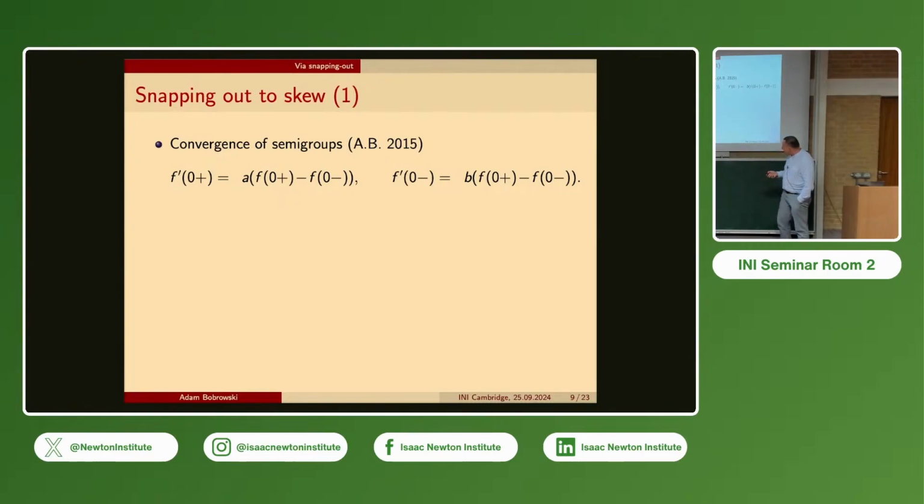I was thinking, okay, what will happen if I take this A and B very large? Since these are permeability coefficients, if I take them multiplied by n, and let n go to infinity, I should probably get a Brownian motion. Yes, just a regular Brownian motion, because permeability is infinite.